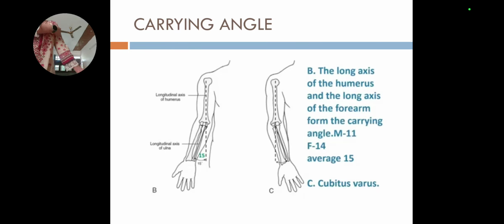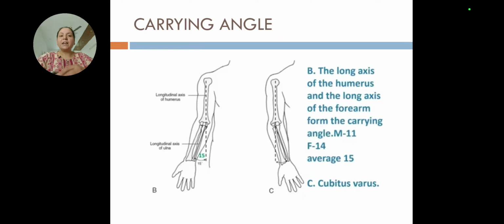If the longitudinal axis of the humerus runs like this, there is an angle formed between the long axis of the forearm and the long axis of the humerus. This angle formed on the medial side is called the carrying angle, which is about 10 to 15 degrees. That is a normal carrying angle.